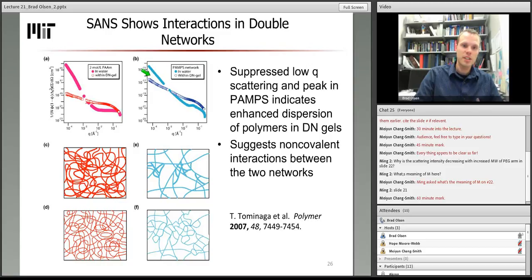And so this decrease in inhomogeneity suggests essentially that there are non-covalent interactions between the two networks that are favorable, that are assisting in the homogeneous dispersion of the two different chemistries throughout the material. And so this interaction is potentially key to the way that the molecules distribute and transfer stress between the two networks during deformation.